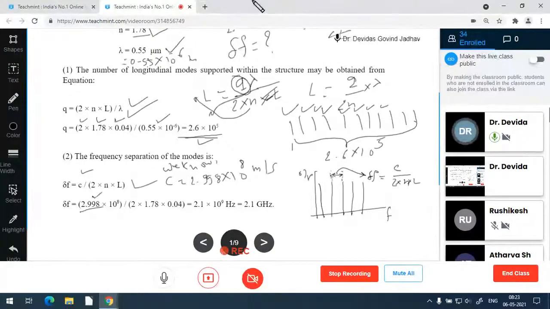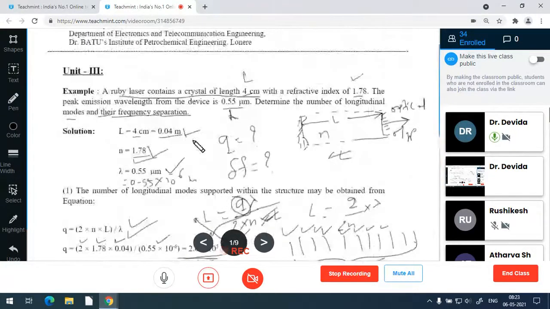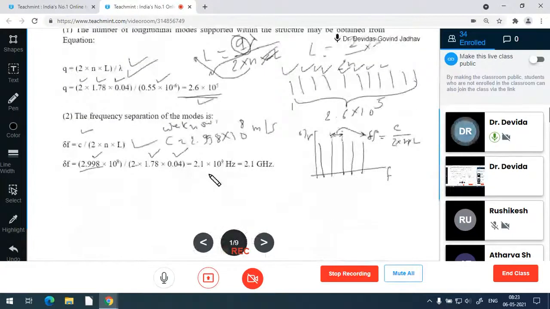So C is substituted 2.998 into 10 raised to 8 divided by 2 into N into L, that is 2 into 1.78 into 0.04, which are given. So this gives the calculated value 2.1 into 10 raised to 9. So this is in hertz. The frequency separation is in hertz.